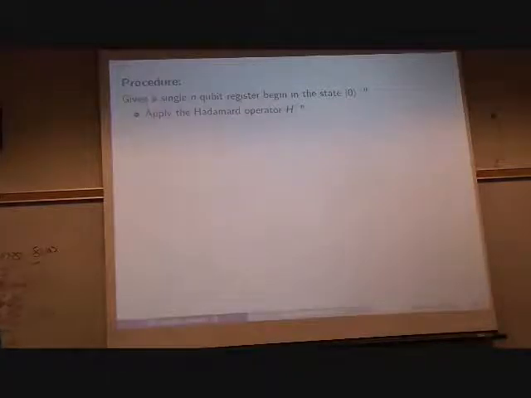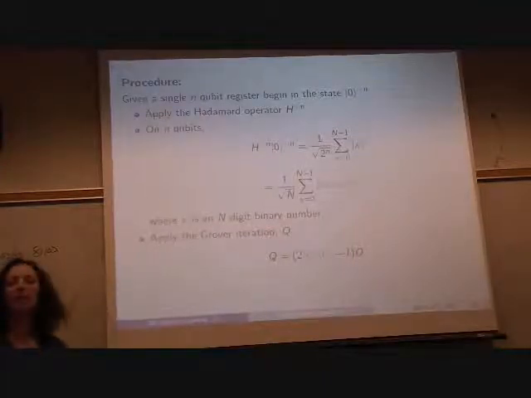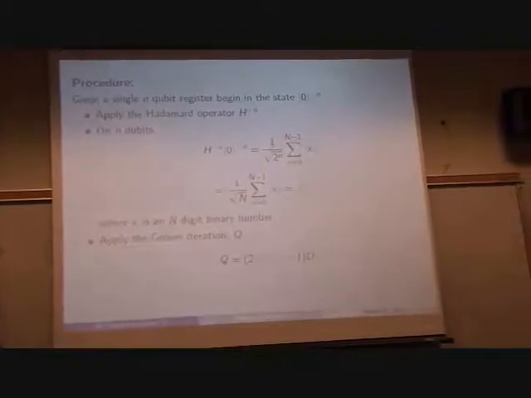So here's the procedure. As I mentioned earlier, we start with our n qubit register. Everything is set to 0, just as before. Now we're going to apply our Hadamard operator, and we get our superposition just like this. Once we have that nice superposition, we define what's called a Grover iteration or Grover operator.